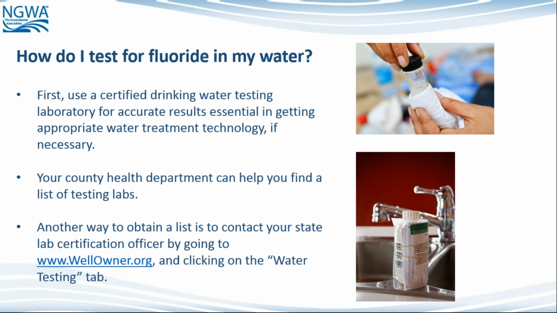In fact, a lot of states even have their own testing laboratories for water quality. Or certainly you can obtain a list within your state from our website, www.wellowners.org, and looking at water testing. So there's a variety of ways to find certified testing laboratories.